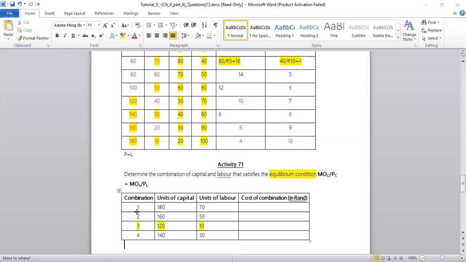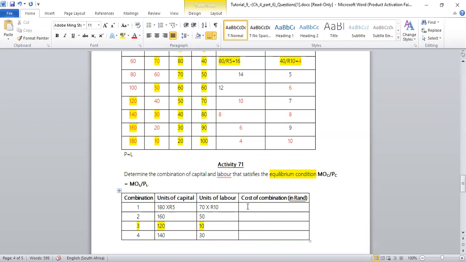So what are you doing here? 180 units multiplied by the price of capital, which is 5 rand. And here, units of labor times the price of labor, which is 10 rand. 180 times 5, you get your answer. 70 times 10, you get your answer.